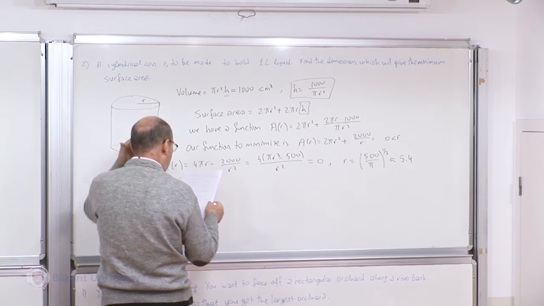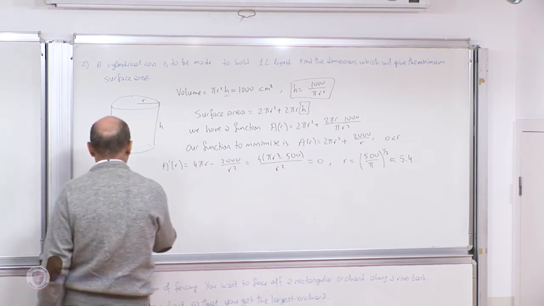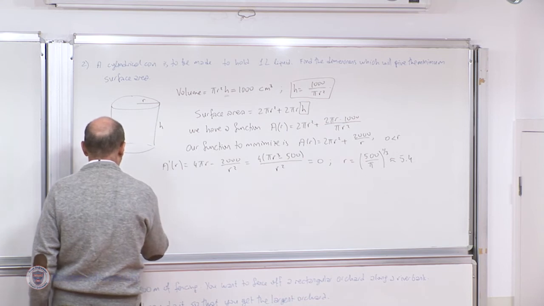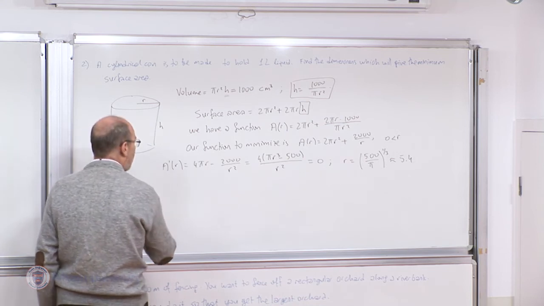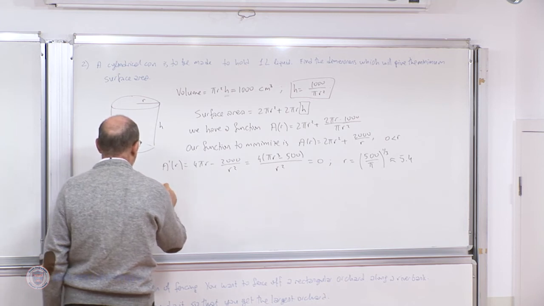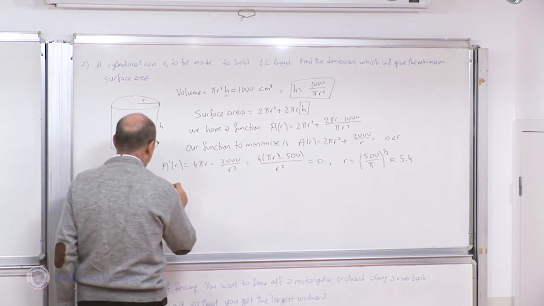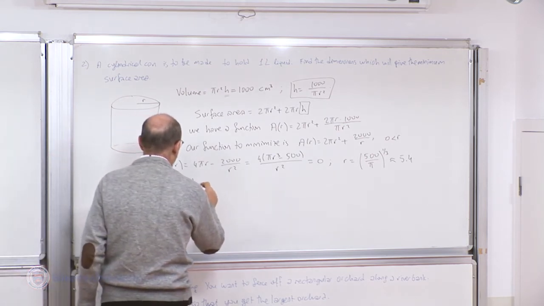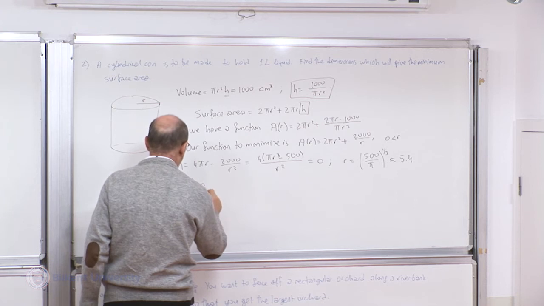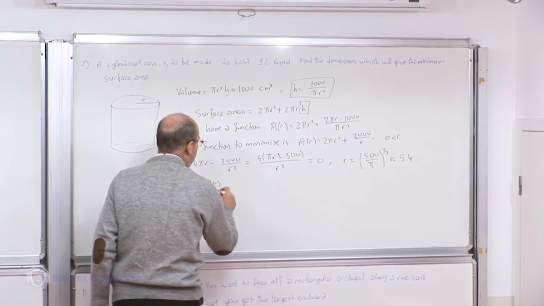Oh, I didn't calculate this. Okay, so we calculate limit r goes to 0 from the right of A of r. Okay, that's infinite, right? This is infinite. And we calculate limit r goes to infinity, A of r.